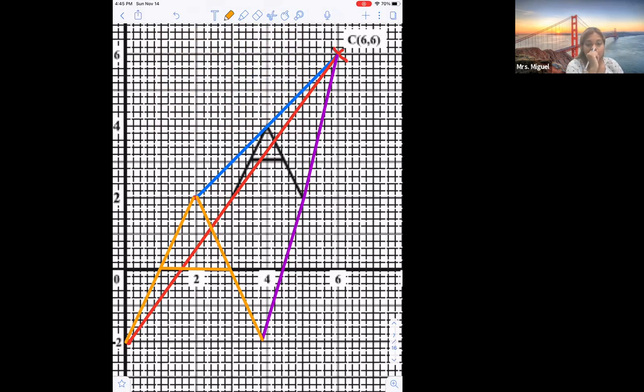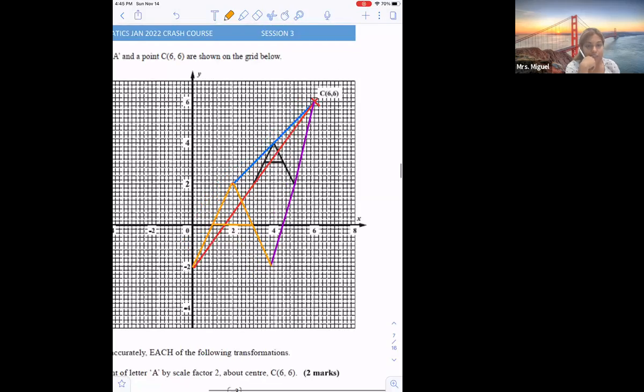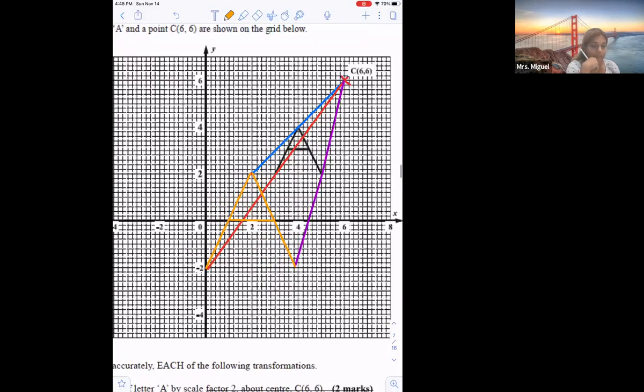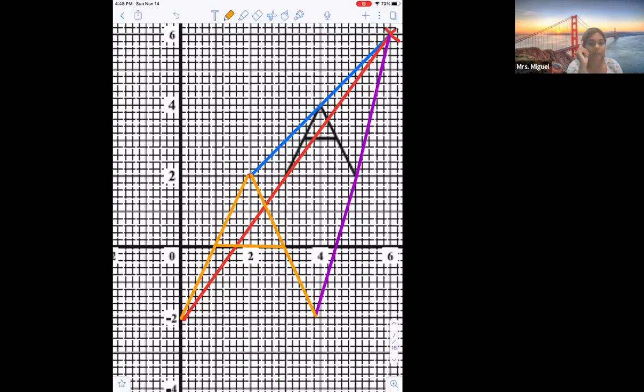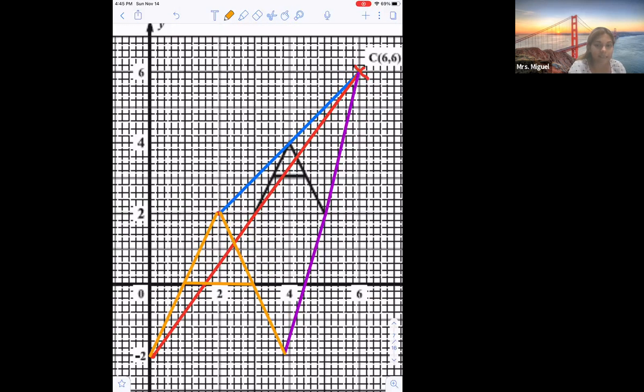So what I want you to do for me, if by chance you all have some time and you have some graph paper, what you will do, you will plot the point A. So take a clean graph page, plot the point A, then take your ruler and your pencil, and from that center, 6, 6, you are drawing straight lines and you are measuring the length.